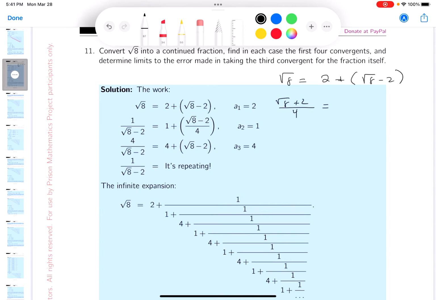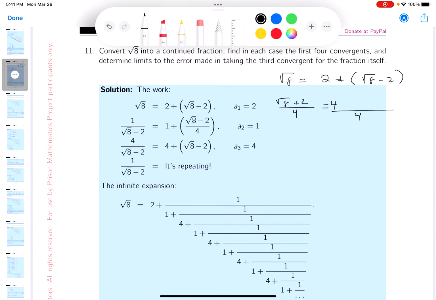Well, the root of 8 is bigger than 2. So this is going to be 1. All right, now I'm going to write it as a 4. No, it's a 1, because again, root 8 plus 2 is bigger than 4. So I know I get a 1 there.